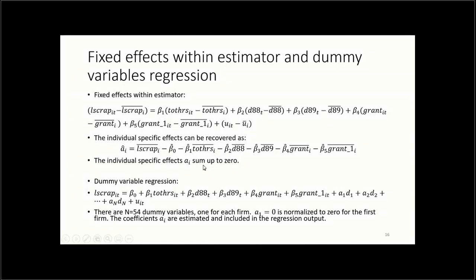So because of this difference, first of all, that here they all sum up to 0, but here the first one is normalized to 0, that would change the interpretation of these individual specific effects and their values, but we can obtain one from the other. So these coefficients AI would be estimated and included in the regression output.